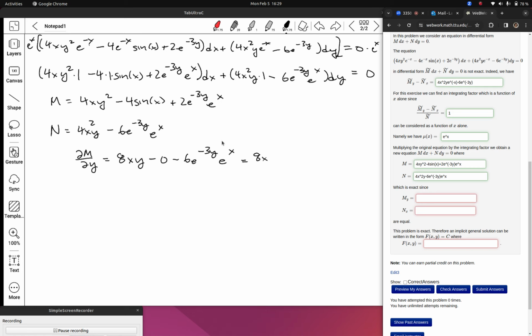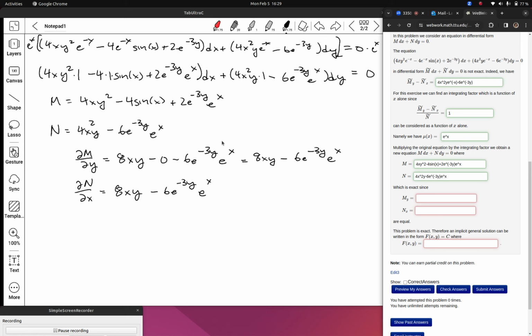So 8xy minus 6e to minus 3y e to x. And then dN/dx is going to be 8xy minus 6e to minus 3y isn't changed by derivatives in x, and derivative of e to x is just e to x, so we're going to get just e to x there.